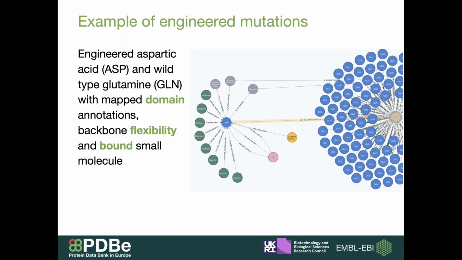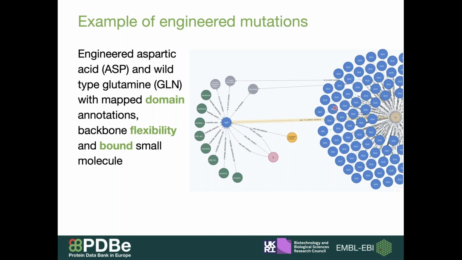This is an example of such a case. Here, the engineered aspartic acid and its wild type glutamine and all the mapped annotations for them. The single node in blue is the engineered aspartic acid, and the many blue nodes are the wild type glutamine, which are mapped to the same UniProt residue here.